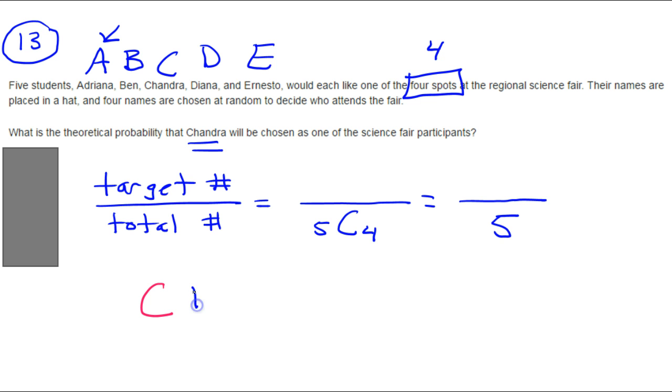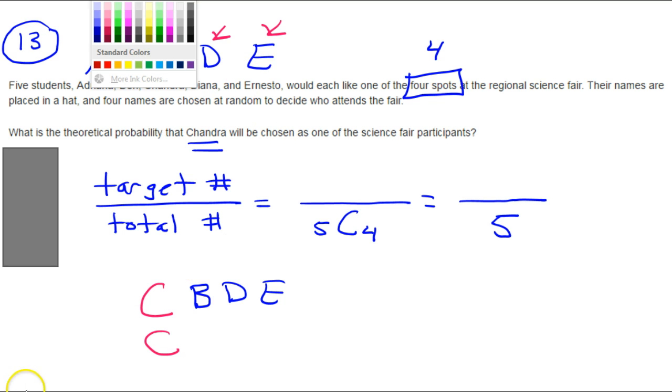So then that leaves B and D and E. So that's one of the ways that Chandra can be chosen. Okay, what else could it be? All right, so A could be left out, or B could be left out, or D could be left out, or E could be left out. All right, so you know it's going to be 4 ways.